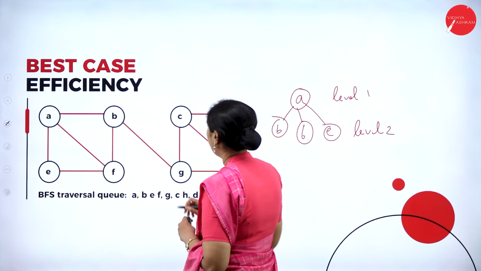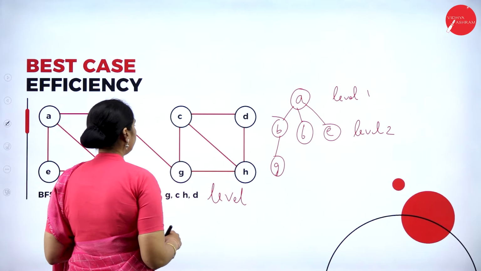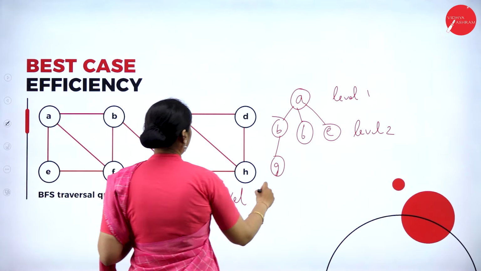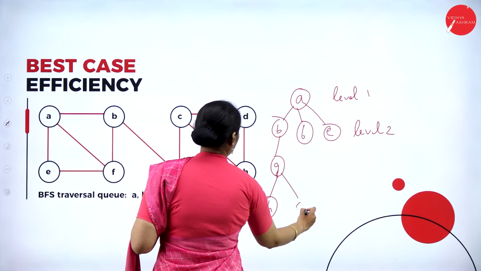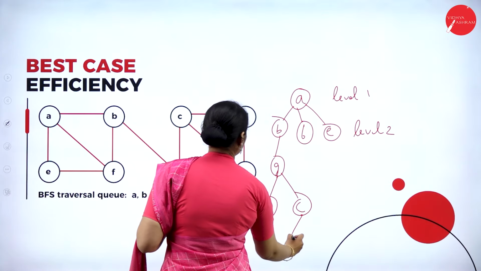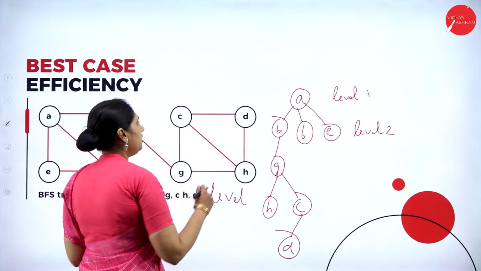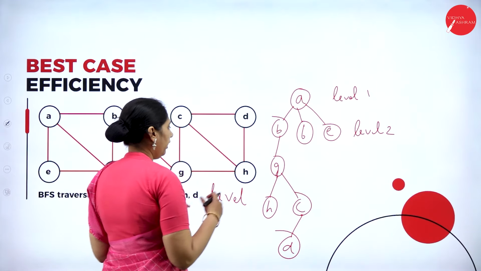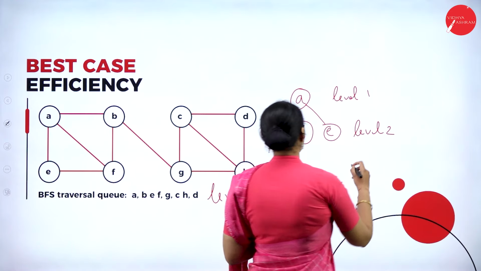And next, from B it is connected to G. G is also connected to H and C. From C it is also connected to D. So these are the levels. If anything is missing, you can connect the edges. Say this is level 3.